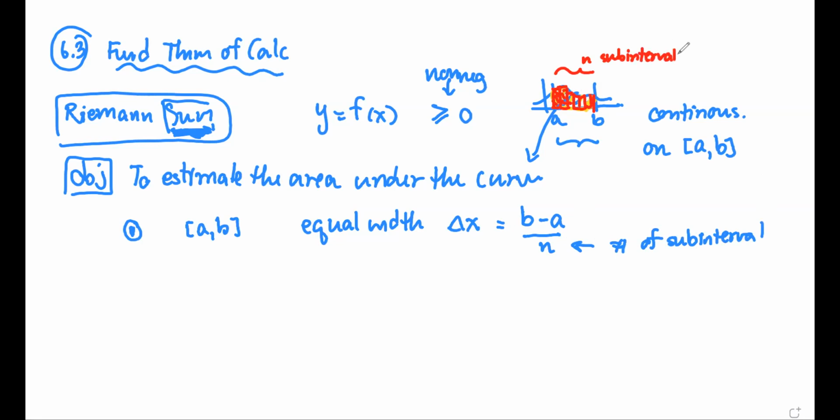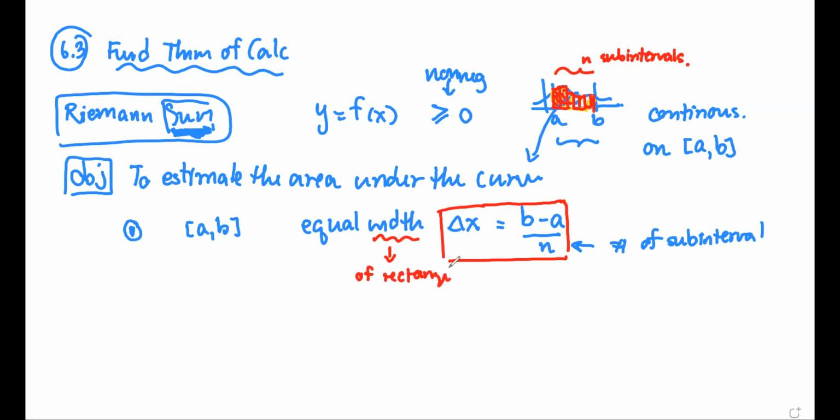That means n is the number of rectangles that we break the area under the curve between point A and point B into. So first of all, we find the delta x, or the increment, or the width of the rectangle.